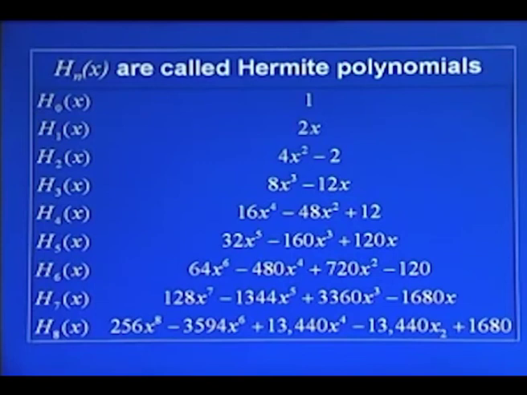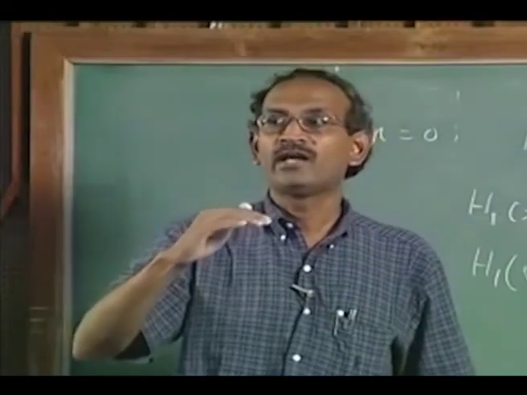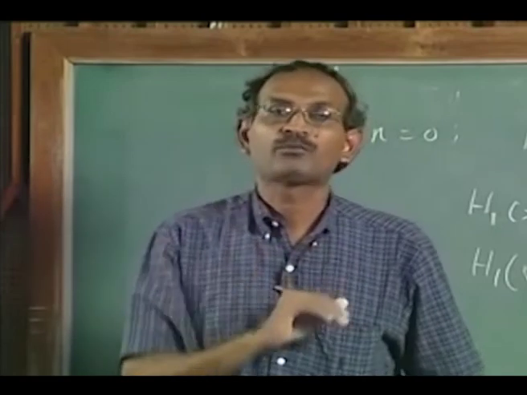So whether x is plus x or minus x, the function is the same. You go to h3, it is a cubic, 8x cubed minus 12x. Again, this function becomes the negative of the function for negative values of x. So you see that this series alternates between functions which do not change sign and functions which change sign as you change x from minus to plus x.